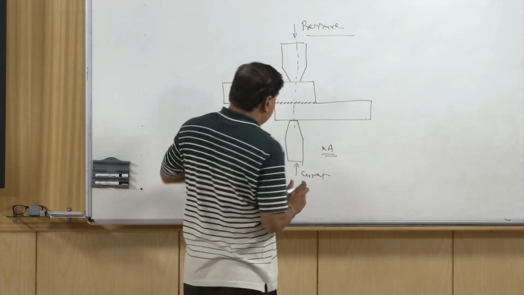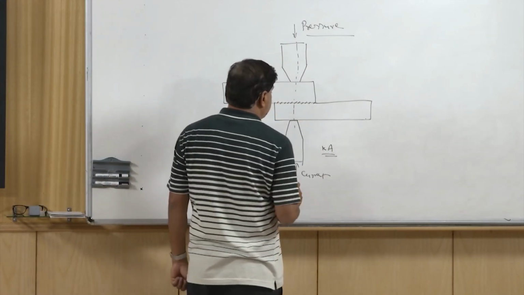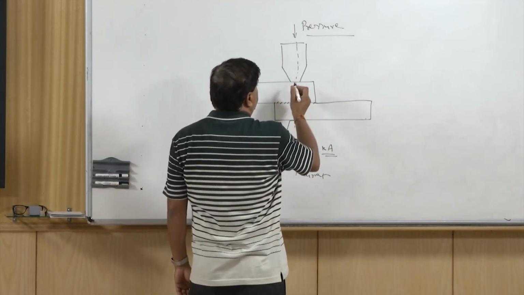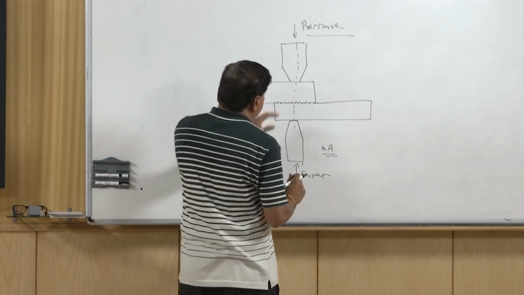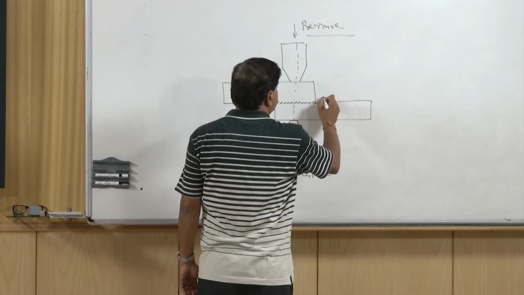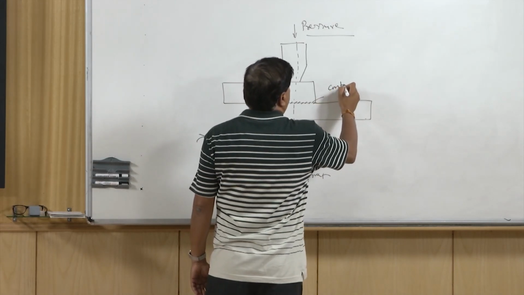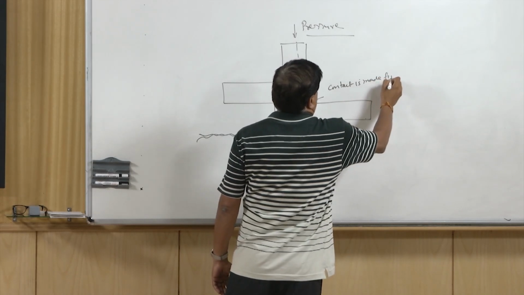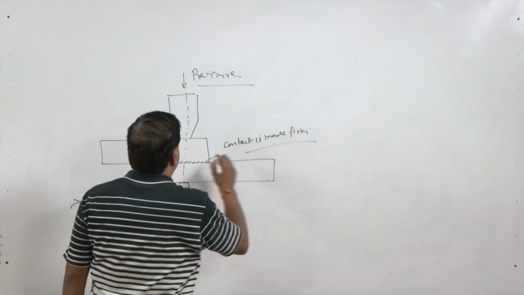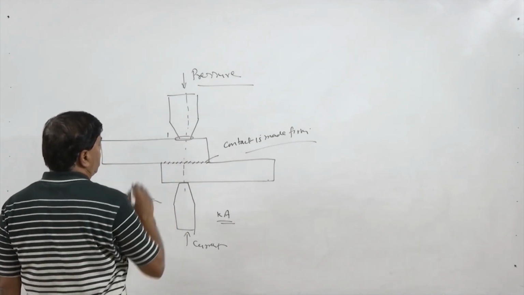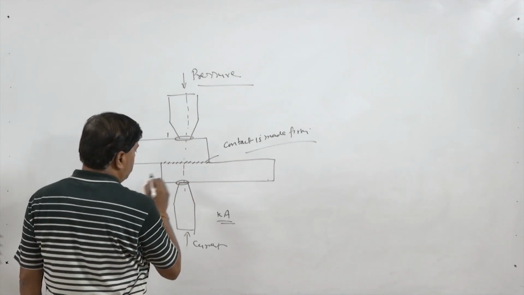So, a heavy flow of current takes place through these electrodes, and then pressure is applied. Pressure helps in bringing the faying surfaces together, so contact is made firm, both the contact of the electrode with the workpiece surface at location 1 and location 2.